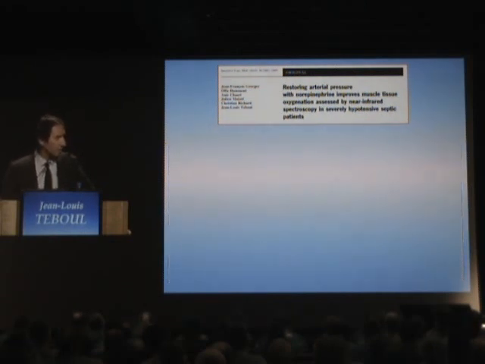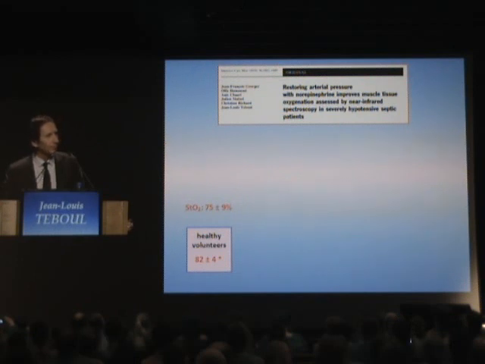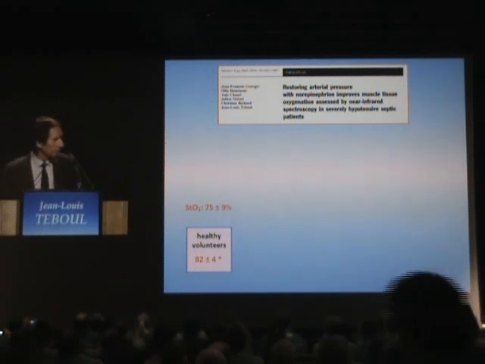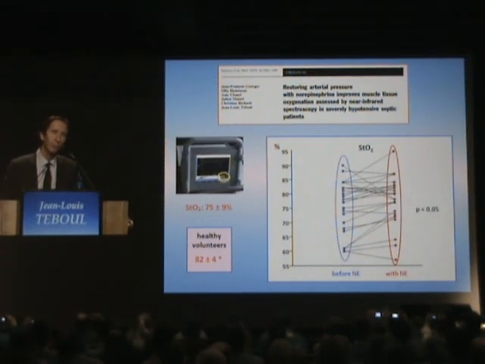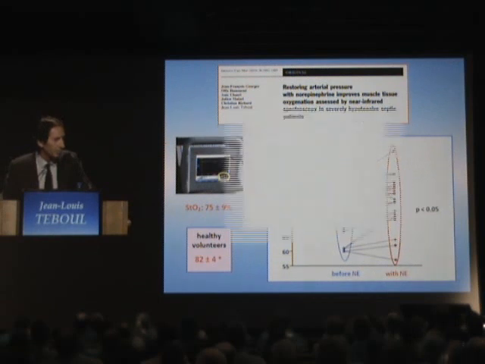But we also measured StO2, using spectroscopy, at the level of the thenar eminence. StO2, tissue oxygen saturation, is a marker of hypoxia just below the skin. The normal value is around 82%. In these patients, we found a baseline value before norepinephrine of 75%, and this increased with norepinephrine.